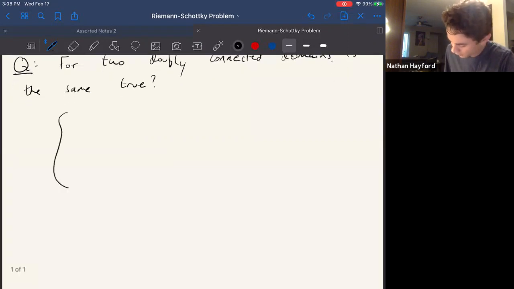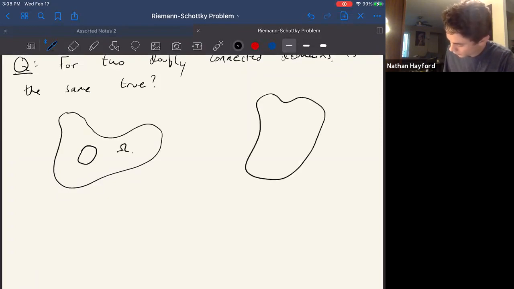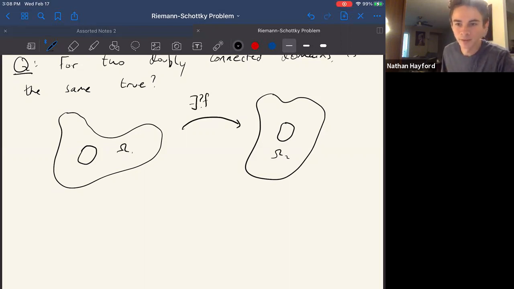So the picture is this. Here is doubly connected domain number 1. Here is doubly connected domain number 2. And the question is, does there exist a map, conformal, whose inverse is also conformal, between the two domains?